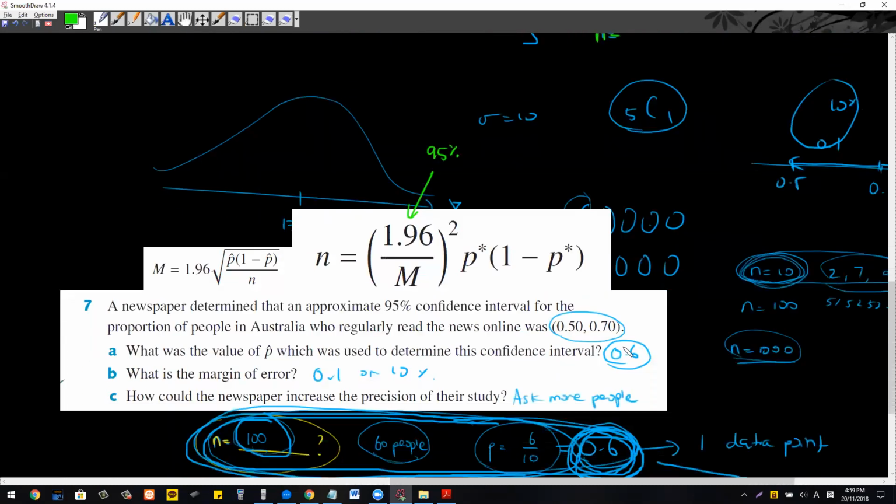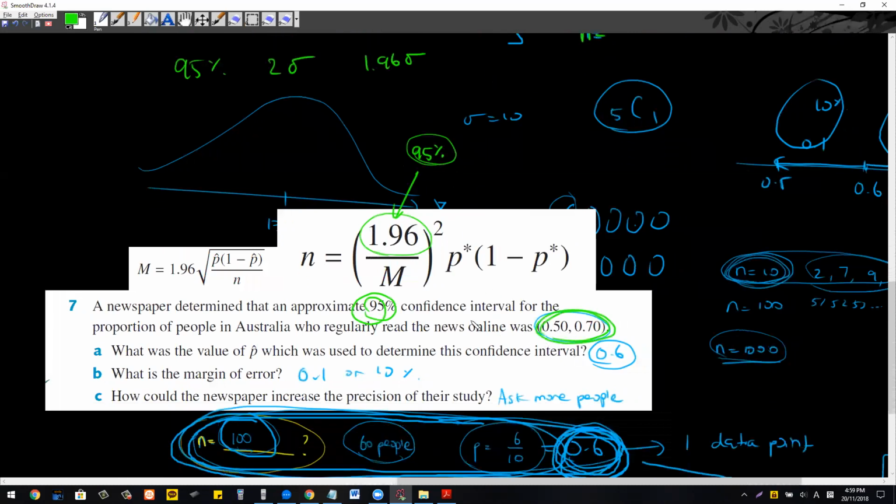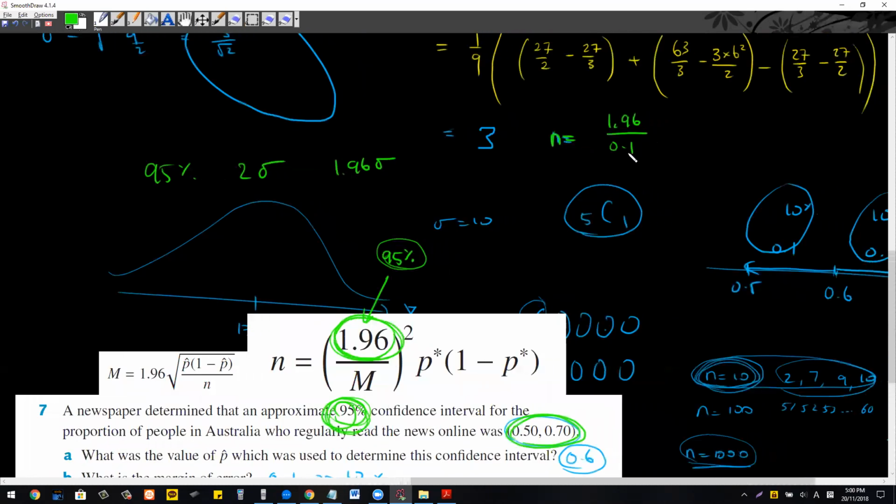It just means 2 standard deviations. Two standard deviations is actually 1.96 standard deviations. Because we are told that this is a 95% confidence interval, that's why we are using this number here. Then we divide that by 0.1, and then square, and then 0.6 times 0.4.